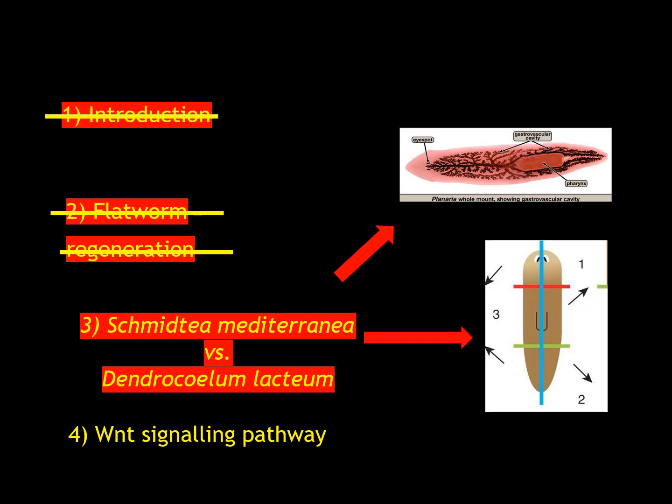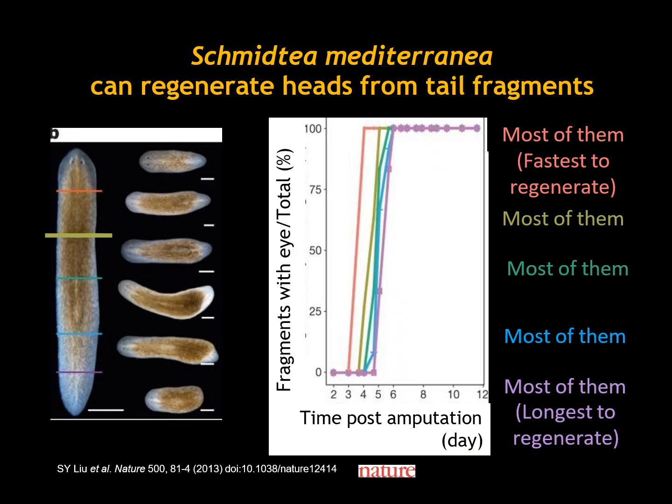So now let's start discussing this diagram and this figure that are taken from this article. So here you see that there was the first dissection, and in the first dissection they cut it here, they removed this part, and look what happened.